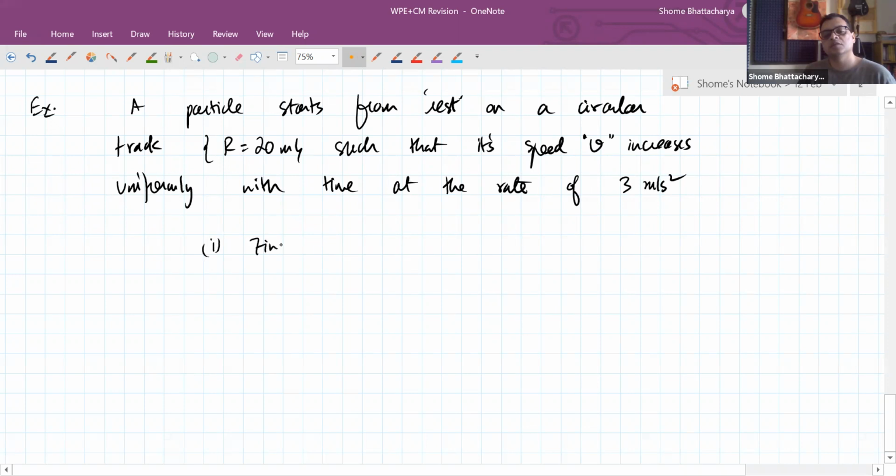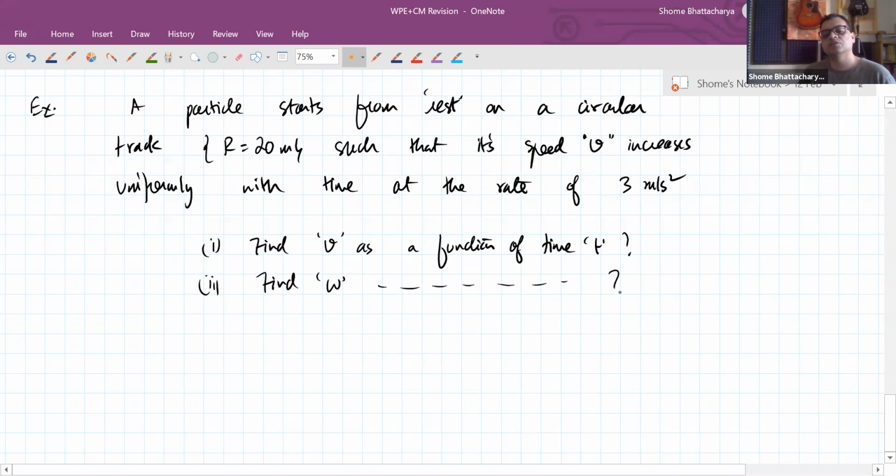So find speed v as a function of time. Then find its angular speed omega again as a function of time.